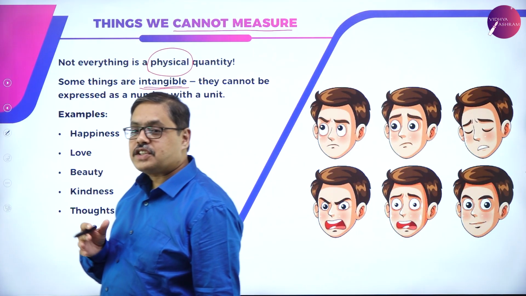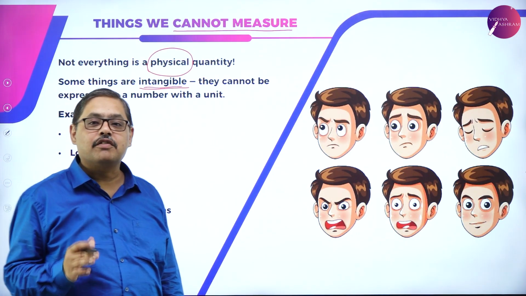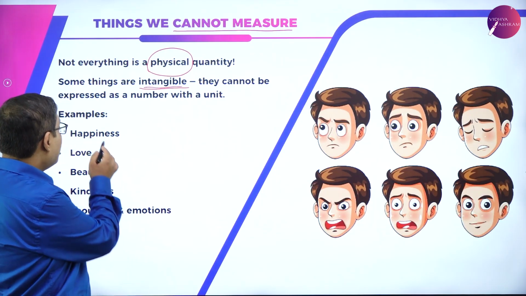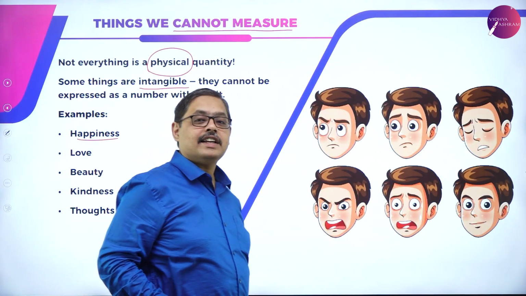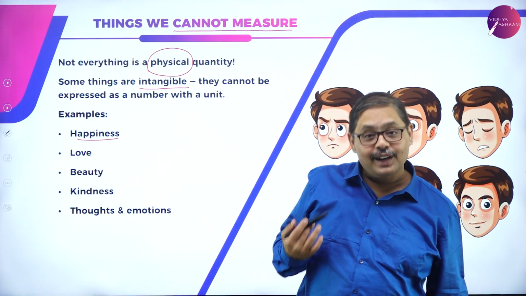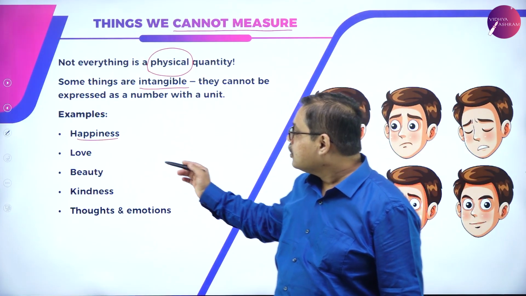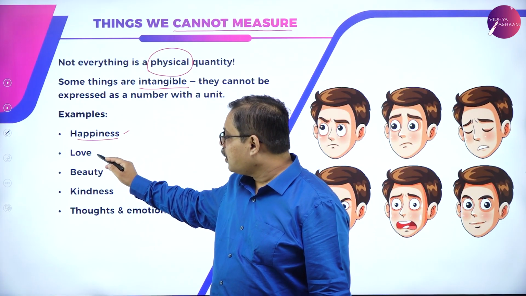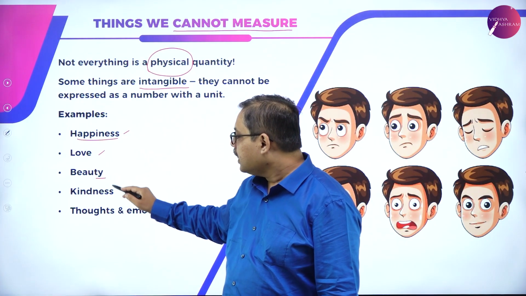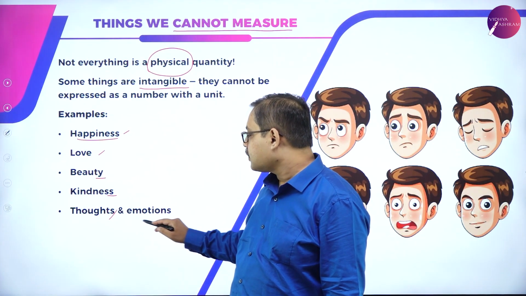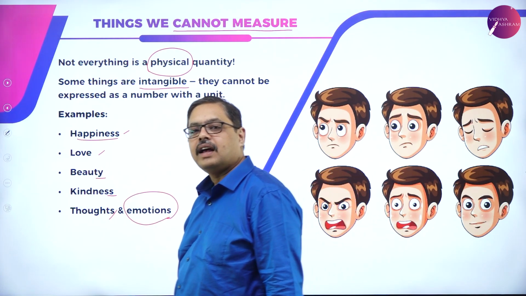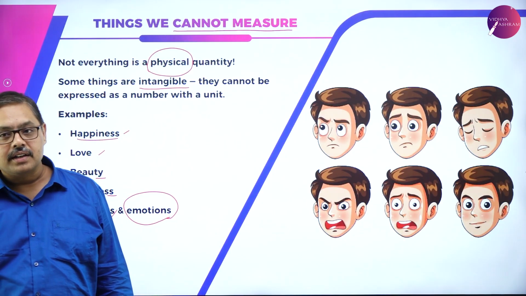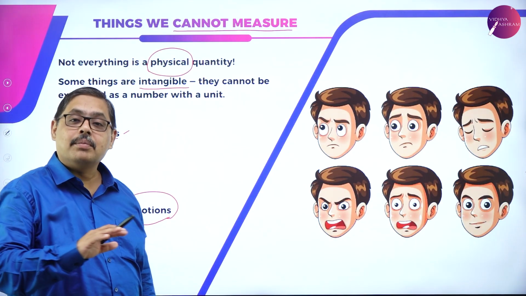See, there are many such things which are intangible in nature. For example, your happiness. How happy you are today? I cannot say that I am 50 kgs happy today. That would be very absurd. Okay? So, your happiness, the amount of love you can show, the beauty, kindness, thoughts, basically all the emotions of human beings are intangible in nature, which means that they cannot be measured.